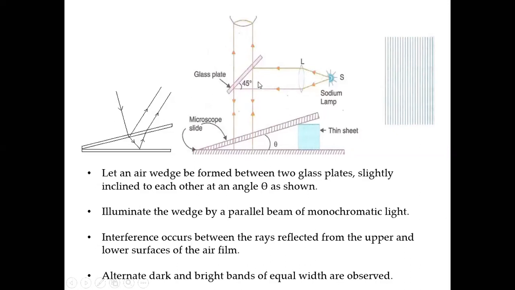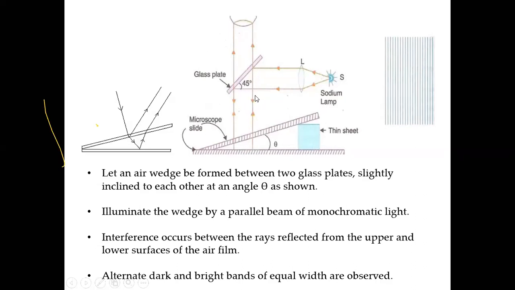And this so reflected light will now fall normally on the air wedge. The air film inside these two optical glass plates now reflects the incident beam. So the incident beam and the reflected beam now superpose and produce an interference.